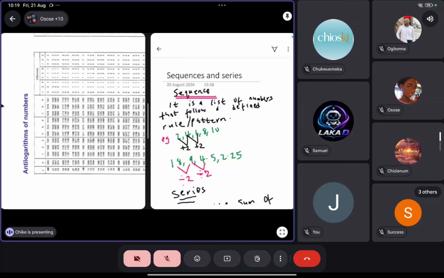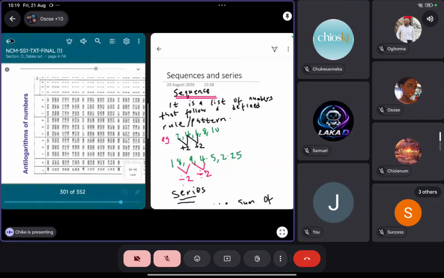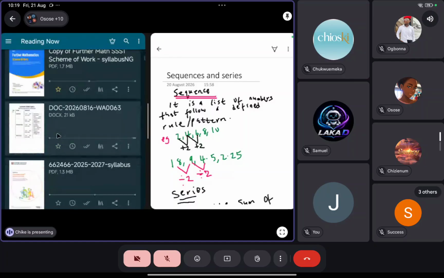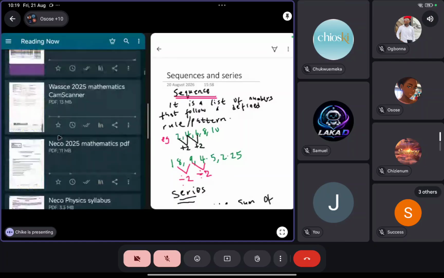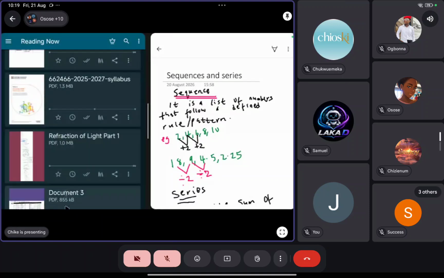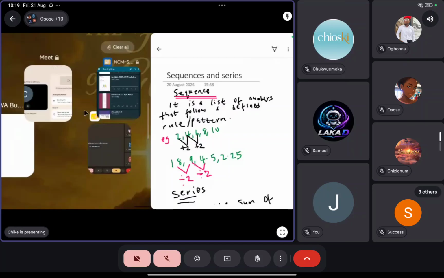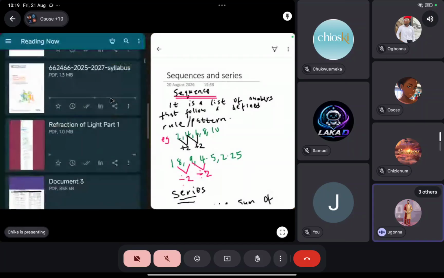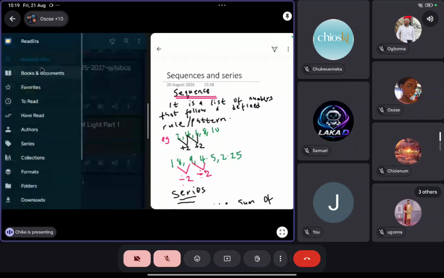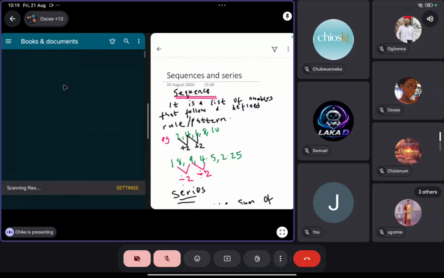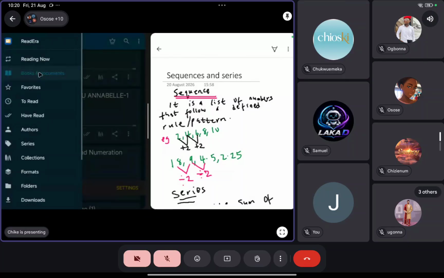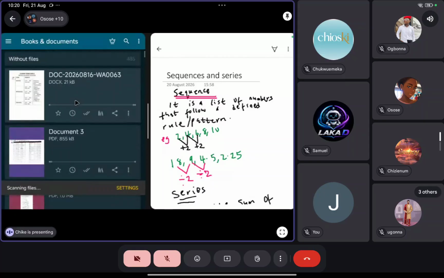We're looking at, let me just show you an example anyways. At least it's quite fun. So I can get the idea. Did I even save it here? That's the question. Let me see. A sequence is what again? It's a list of numbers that follow a defined rule or pattern. I'm trying to show us something. I hope I saved it here. If I didn't save it here, then there's a problem. Come in. Give me a while.